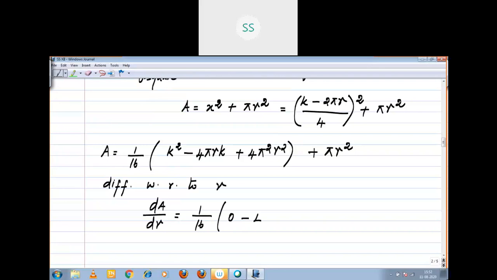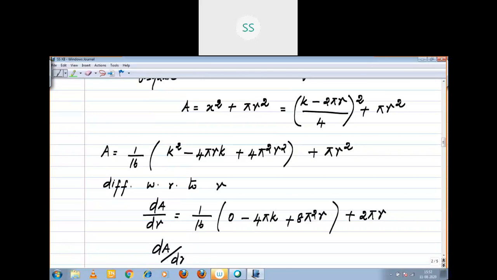Next one, minus 4 pi k. Next one, 8 pi square r plus 2 pi r. Now you are going to equate with 0.